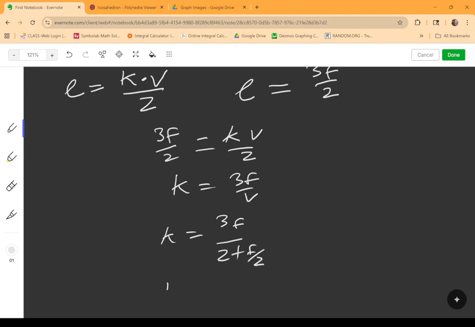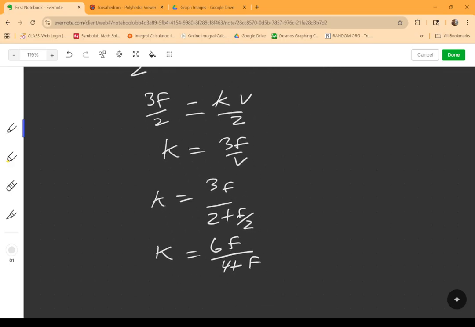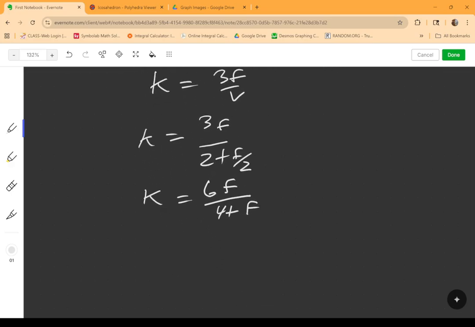Getting rid of this complex fraction, we get k is 6f over 4 plus f. So we have here again, k is the degree of the vertex.